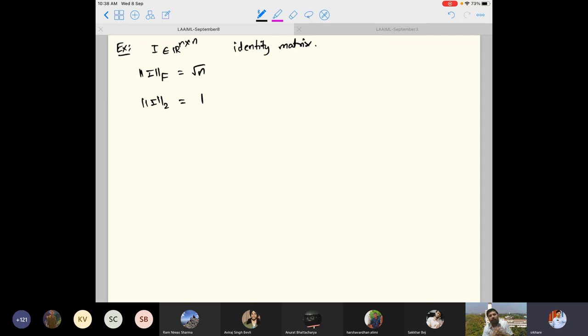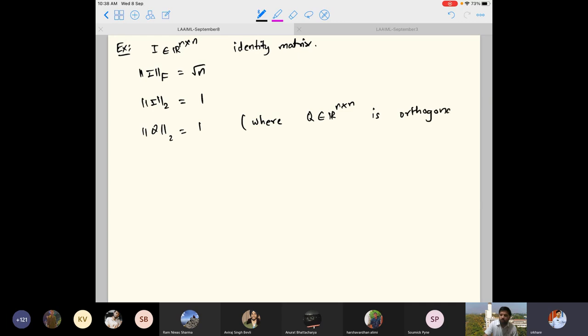Have you seen any other matrix whose 2 norm is 1? Orthogonal matrices. Yes. Why? Because they don't change the magnitude of the vectors on which they operate. Correct. So this is also equal to 1, where Q in R n by n is orthogonal.